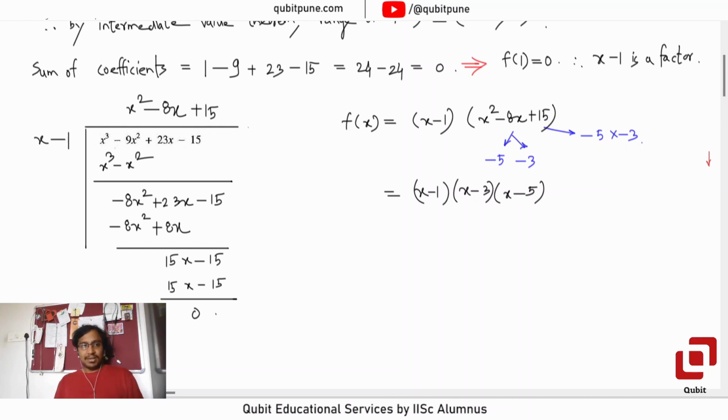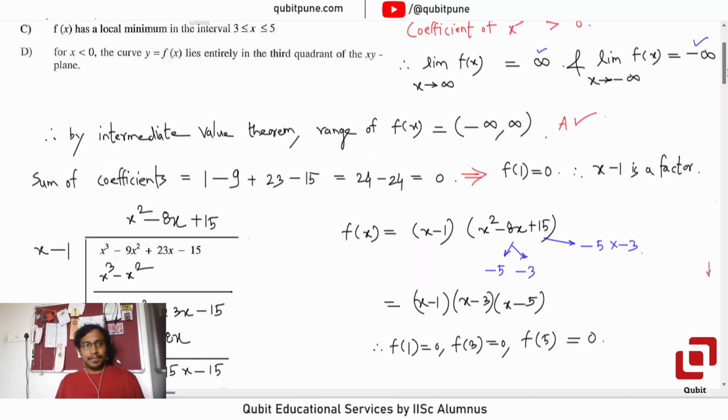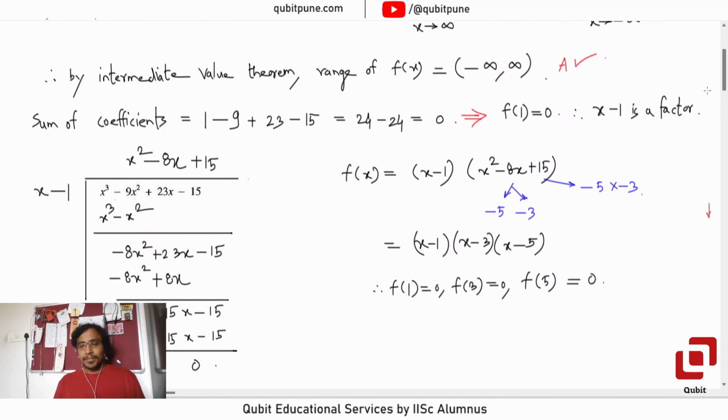Is it clear? Therefore f of 1 is 0, already known, f of 3 is 0, and f of 5 is also 0. So our polynomial has got 3 real roots.